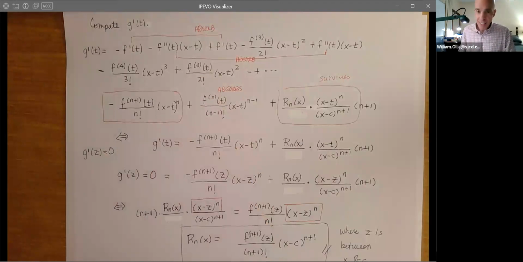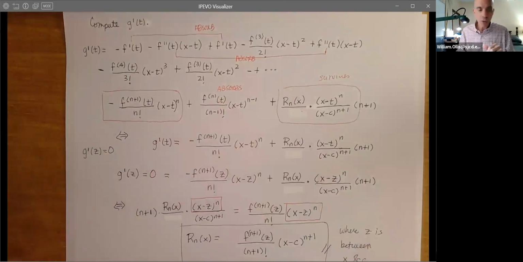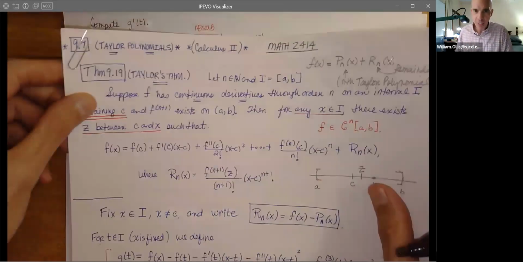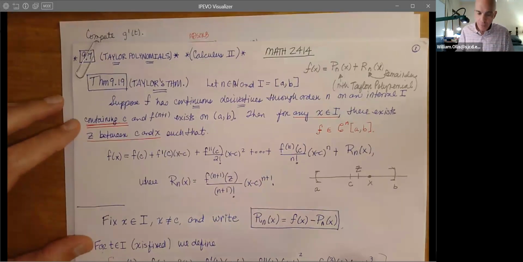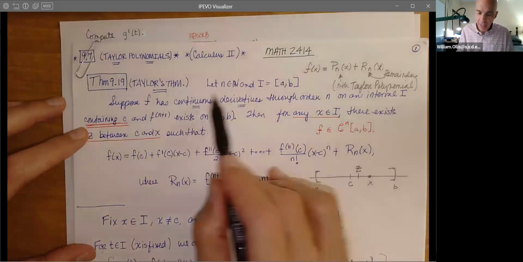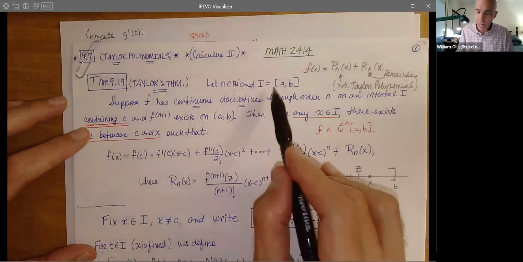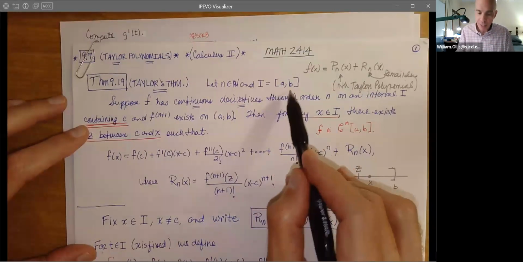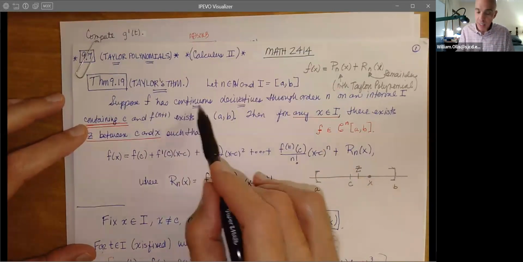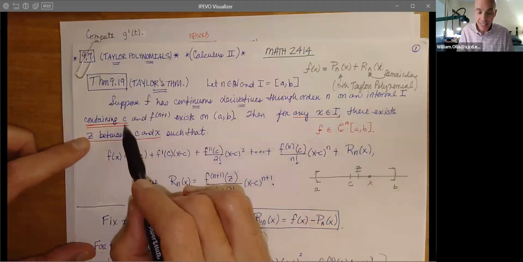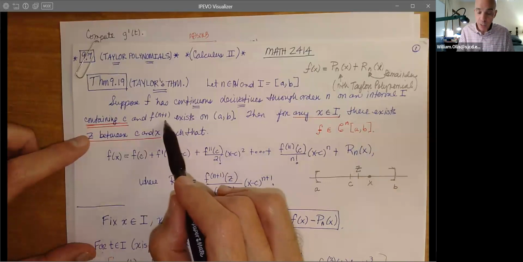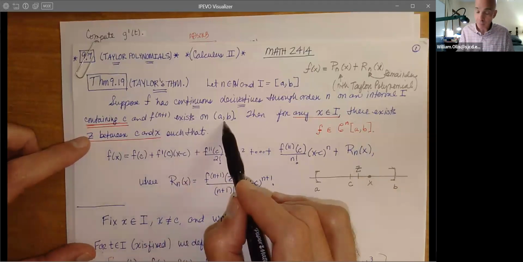So what we see here is that now when we had this theorem stated, you can go back to the statement of the theorem, and now it makes sense. That is Taylor's theorem. That is, we have a natural number and we have an interval a to b. Suppose f has continuous derivatives through order n on an interval I containing c, and the n plus first derivative exists.